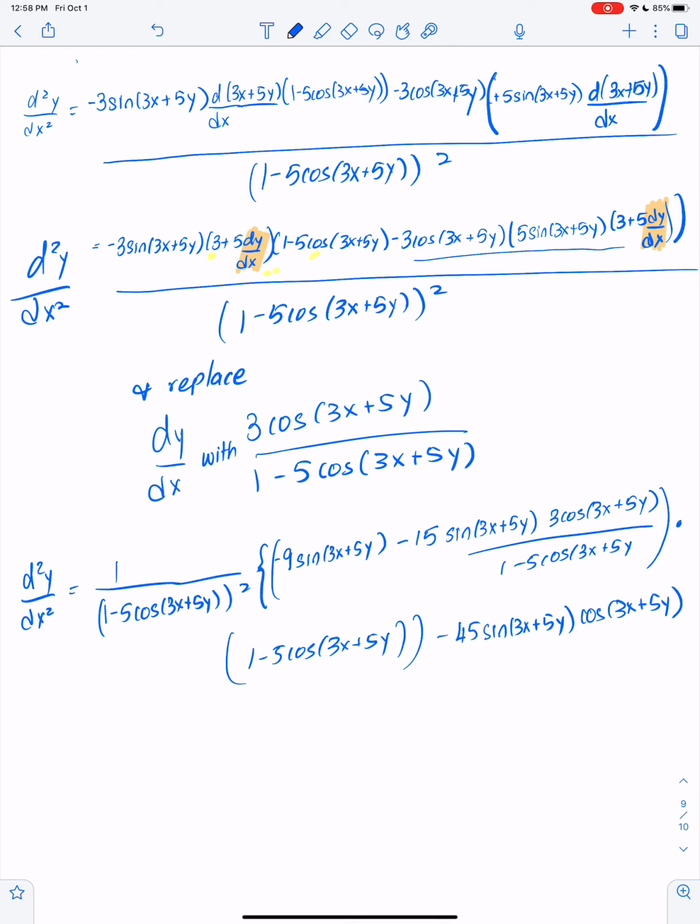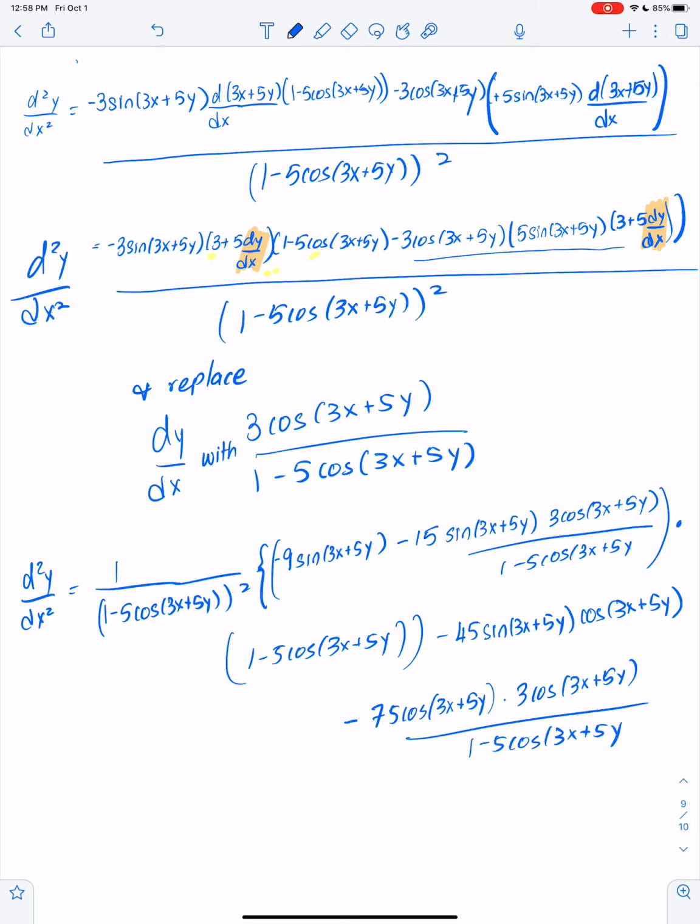minus 5 times 5 times 3, 75 cosine 3x plus 5y times a dy/dx, so it is 3 cosine 3x plus 5y over 1 minus 5 cosine 3x plus 5y.